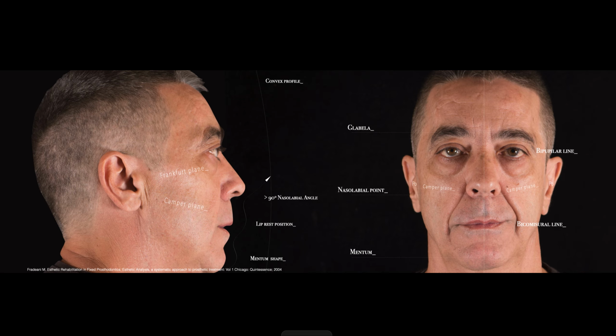It's important to see that the nasolabial angle has to be more than 90 degrees, okay, to understand the support of the lip, and also the mentum shape, to understand how the chin is in this mouth.